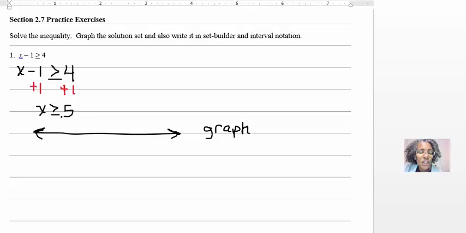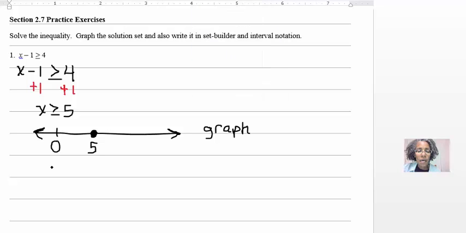And I need to show 5, which is called an endpoint. I need to make sure I show that on the graph. I can show other numbers on the graph, but I have to show that one. So say, for instance, if I want to show 0, that's fine. I just need to make sure 0 is to the left of 5 because it's smaller than 5. So any other numbers you show have to be in their correct position.